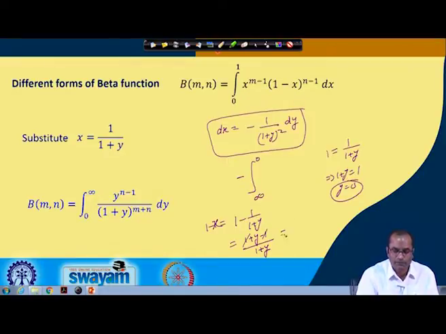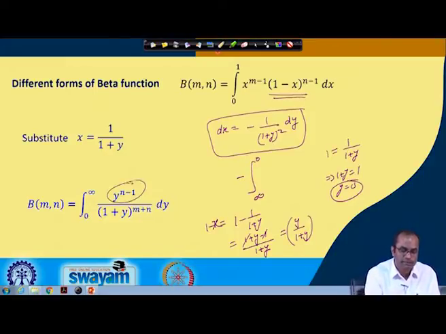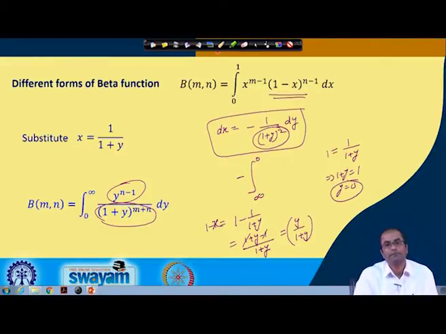So, this will be y over 1 plus y. So, here y power n minus 1, and this 1 plus y power n minus 1. So, combining those powers now, here we have this m minus 1 power, and then here we have n minus 1 power. So, we will have m plus n minus 2, but this 1 plus y power 2 here will get cancelled with those 2 here. So, we will get this power m plus n.